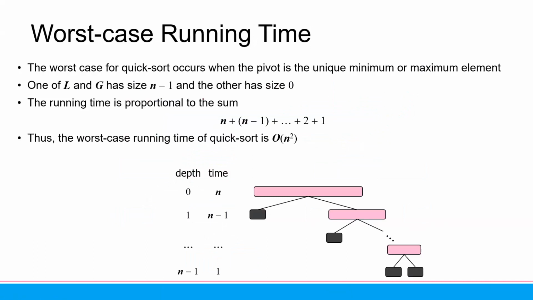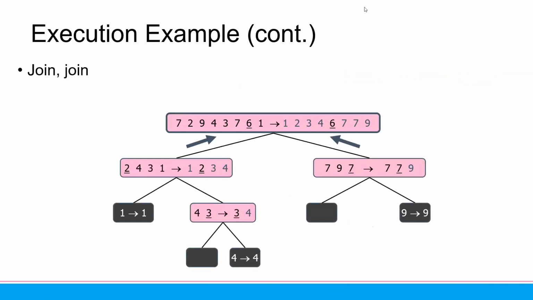In the worst case of quicksort, okay, the worst case of quicksort occurs when the pivot is the unique minimum or unique maximum element. Let's say if you use 9, what happens?